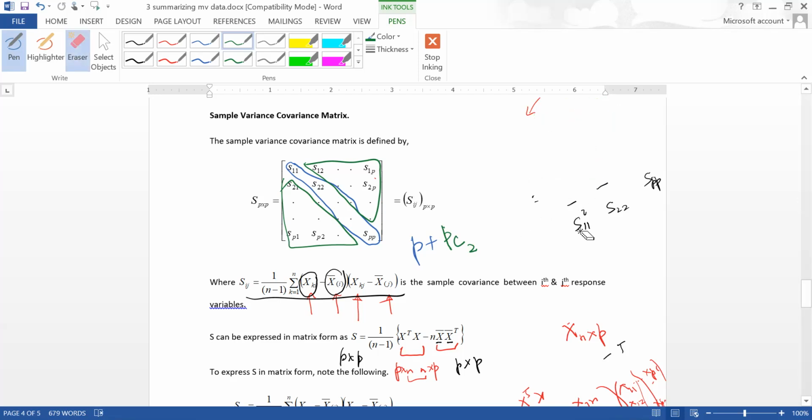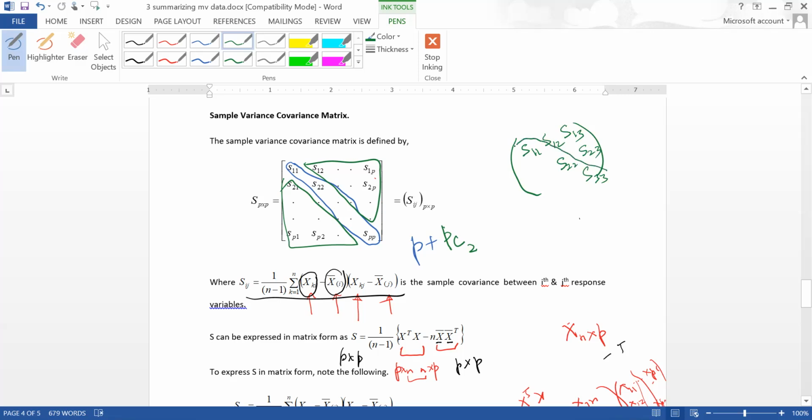So if we look at a smaller one, say the 3 by 3 case, you have S11, S12, S13.